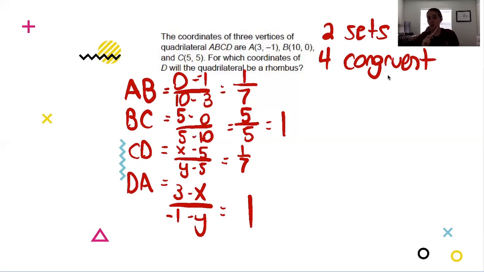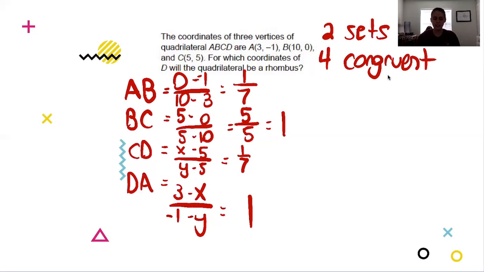So with these two, I could either guess and check, or I could use systems of equations to figure out what these are, but I'm going to start with guess and check.